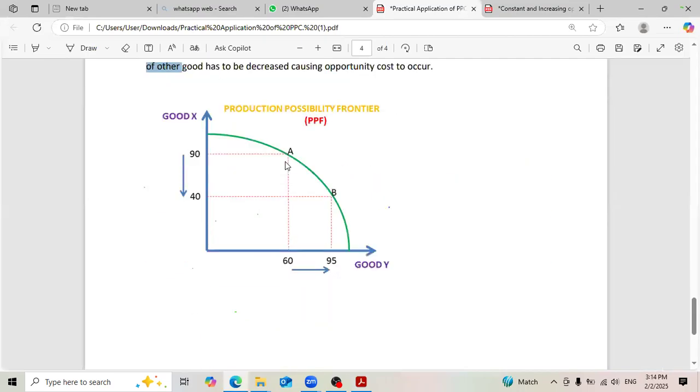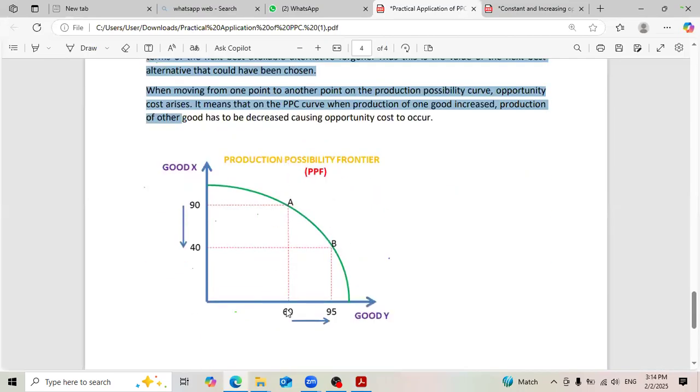Are you okay? Okay, sir. Look at this diagram on the screen. When Y production increases from 60 to 95, X production falls from 90 to 40. It means when moving from point A to B, opportunity cost takes place. It's nothing big, children. Opportunity cost means when you increase the production of one product, you have to reduce the other.